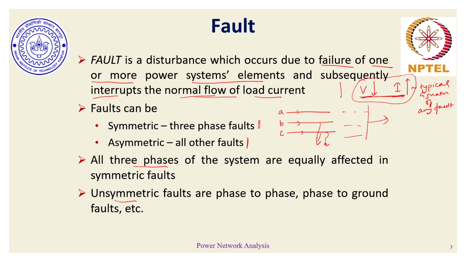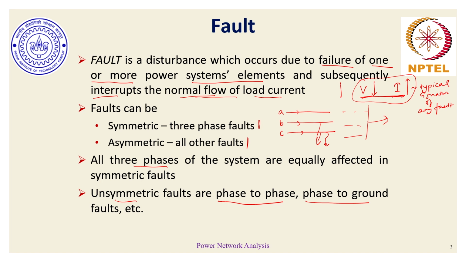As I mentioned, if two phases are getting affected, we would call it a phase-to-phase fault. If one phase is getting affected, then we would call it a phase-to-ground fault, and there can be several other combinations of unsymmetric faults. So we will not go deep into that category yet. We'll take it up probably in the third or the fourth lecture of this particular fault analysis module.